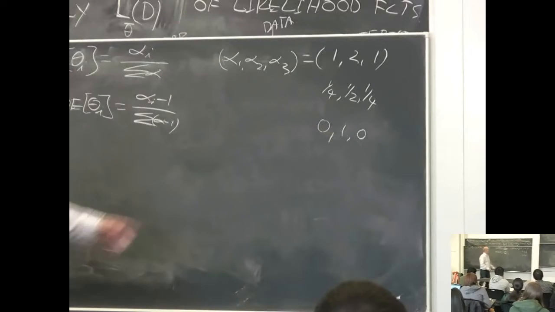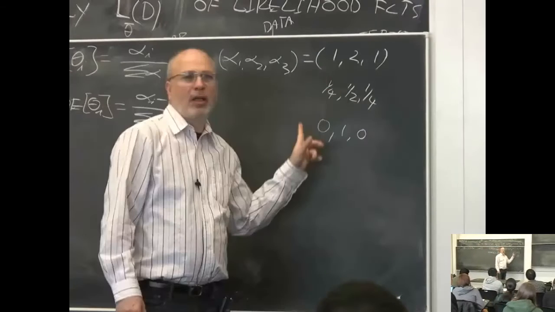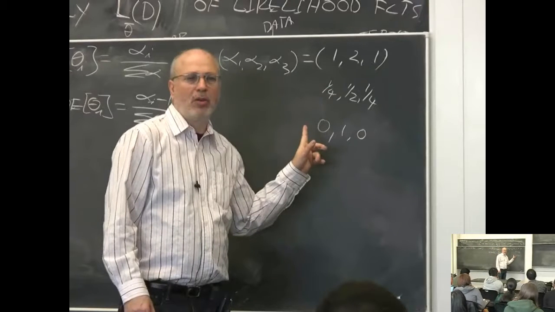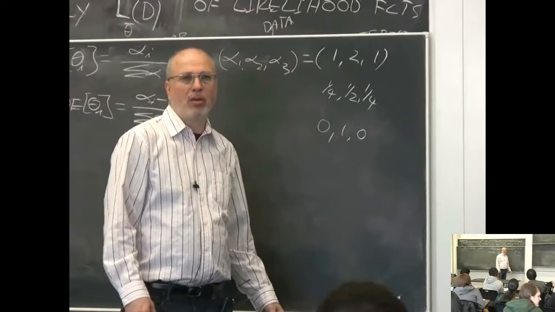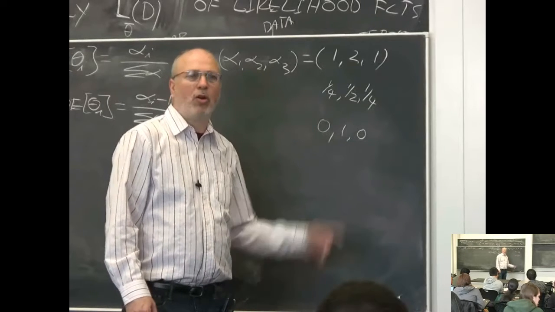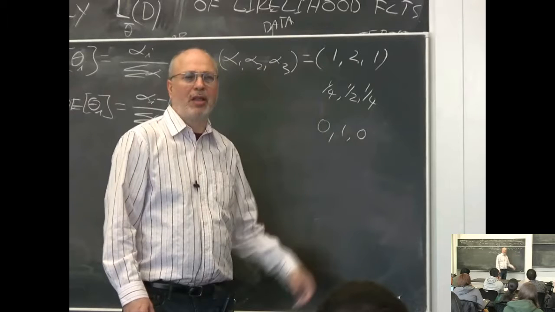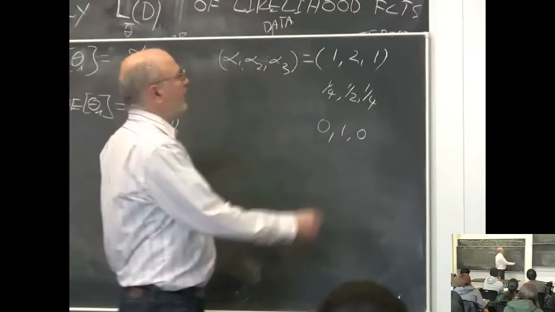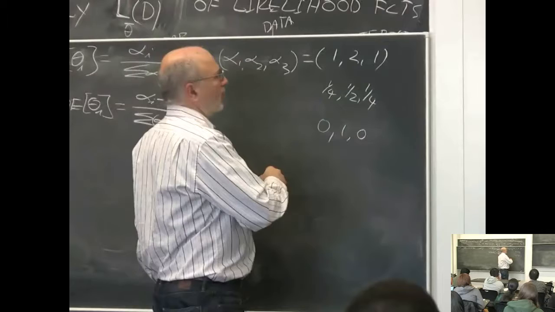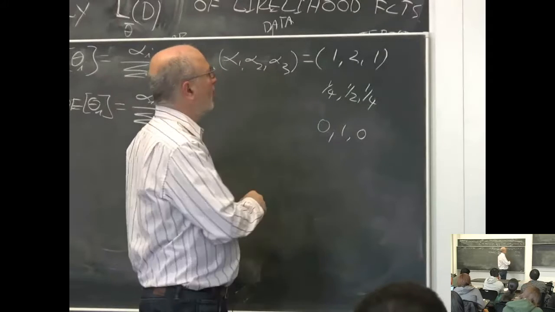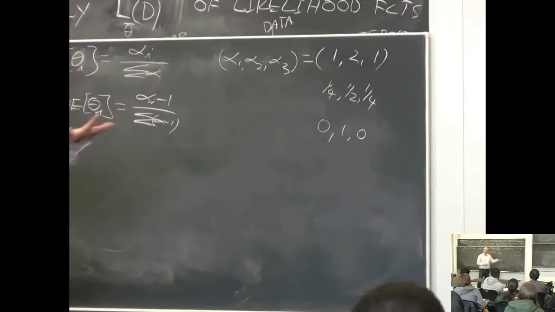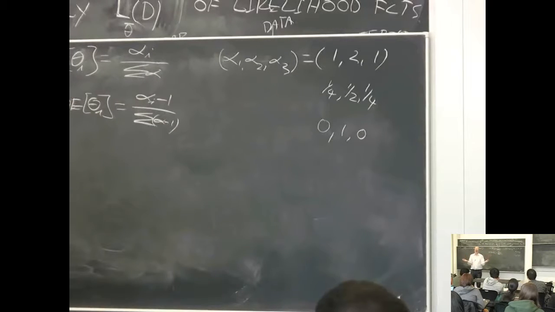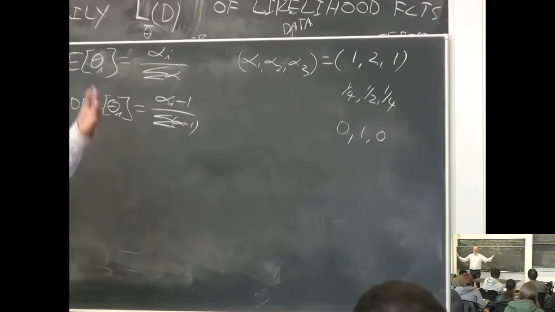And I'm not sure what happens when these numbers are less than 1. I get a negative for the mode. Does that make sense? You don't get negative for the mode because you have to normalize them. Oh, well, you still get negative for some of them. Yeah, there can be a problem. All right, I don't know what it'll do. When these numbers are less than 1, generally you get this concave behavior. You get higher values near the edges.